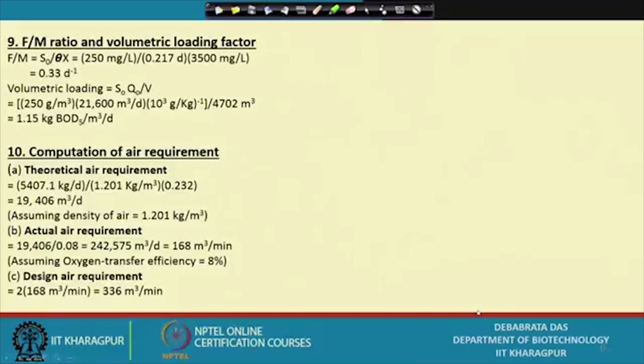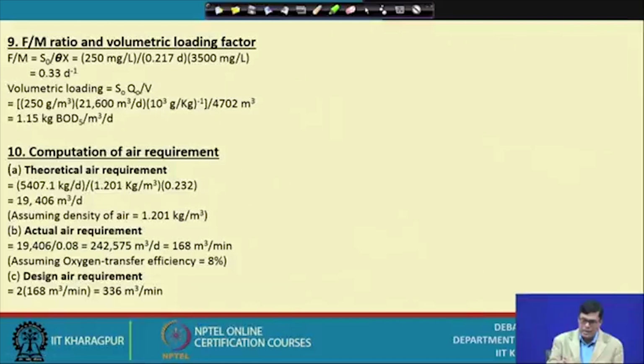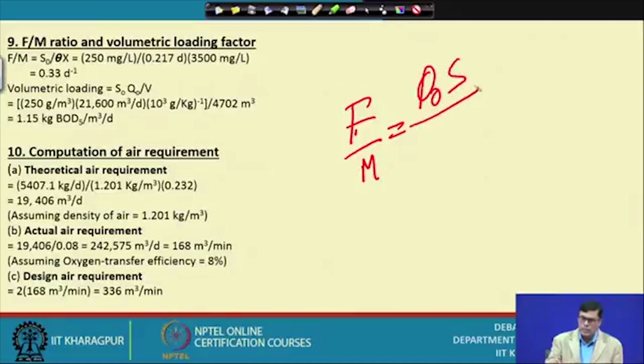Now, the F by M ratio, that also you can easily calculate. F by M ratio is the food to microorganism ratio. Total food is Q0 into S0, and the microorganisms present in the reactor are V into X. Here Q0 by V is 1 by theta, so this is replaced by theta, where theta is the hydraulic retention time.